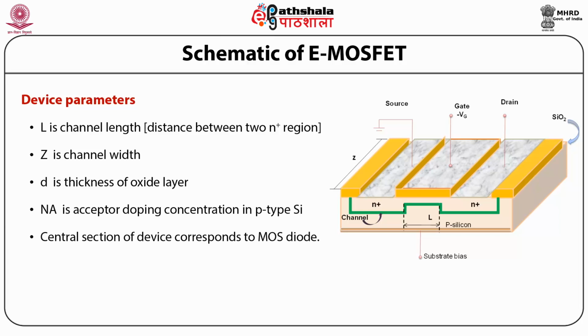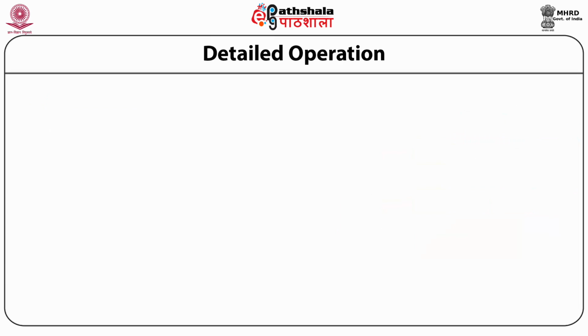So the central section of the device corresponds to the MOS diode, and the source over here is used as the voltage reference. So let us now discuss the detailed operation of the enhancement mode N-channel MOSFET.